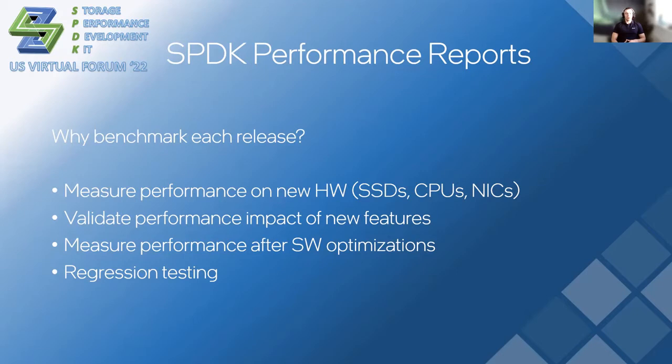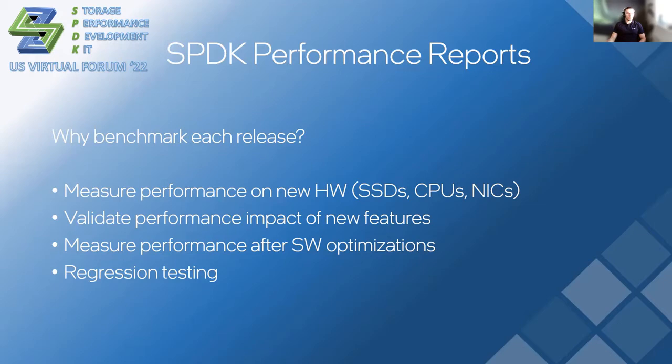Thanks to our regular benchmark tests, we have an insight into SPDK's performance, whether it has changed, improved, or degraded since last release. It also gives us an opportunity to highlight any benefits of any software optimizations or new software features that may have been added during the current release development cycle.